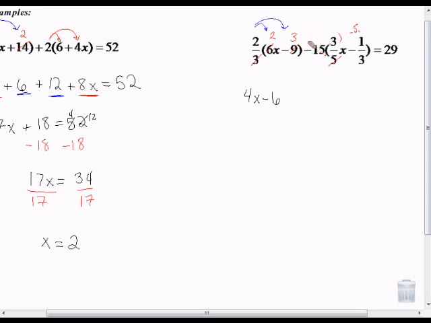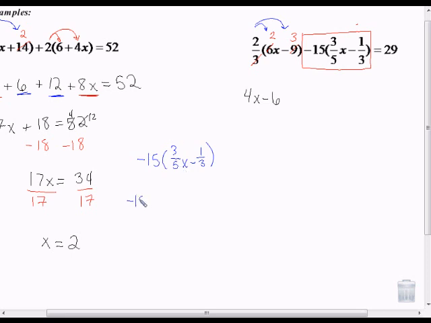I was understanding the first part, but the second part was really confusing. Yeah, that's why I put this in here. Okay, so we're just going to look at this right here, and I'm going to take it over here just to go through it. So I've got negative 15 times 3/5 x minus 1/3. What I'm doing is, because I'm multiplying 15 times 3/5, I'm going to divide that 15 by this 5.